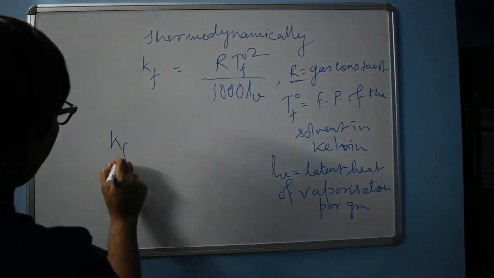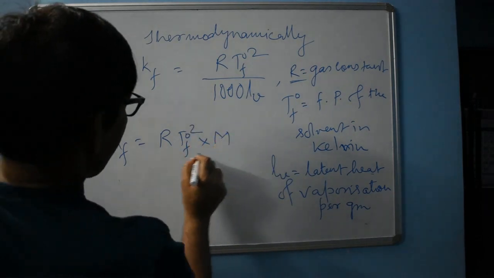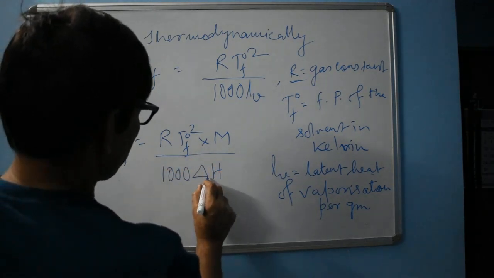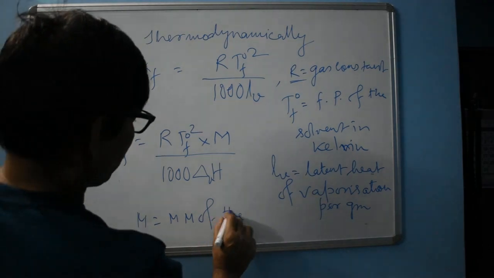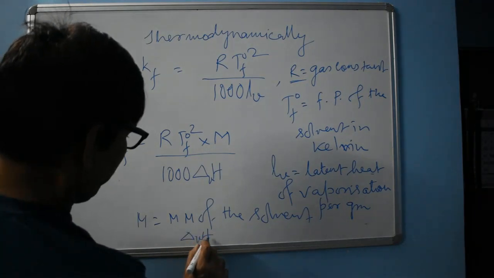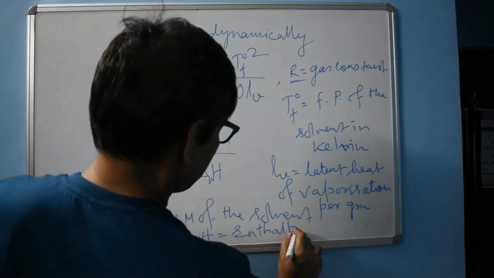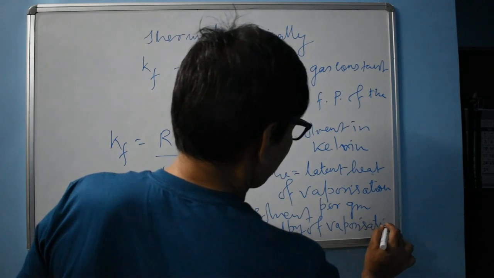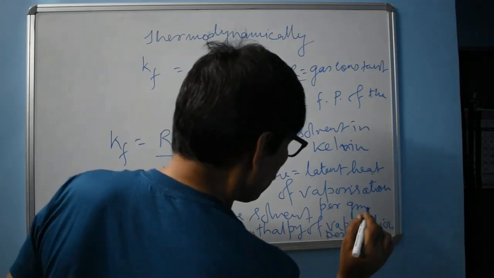In that case, this Kf will be equal to R Tf naught square into capital M divided by 1000 delta Hv, where M is the molecular mass of the solvent and delta Hv is the enthalpy of vaporization, that is per mole of the solvent.